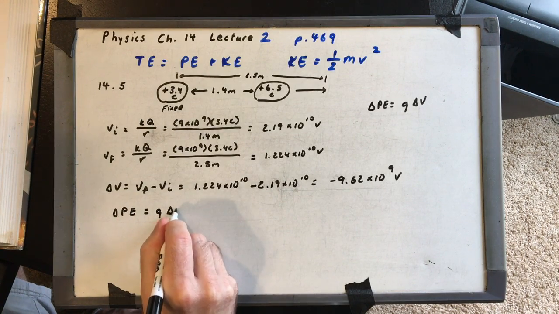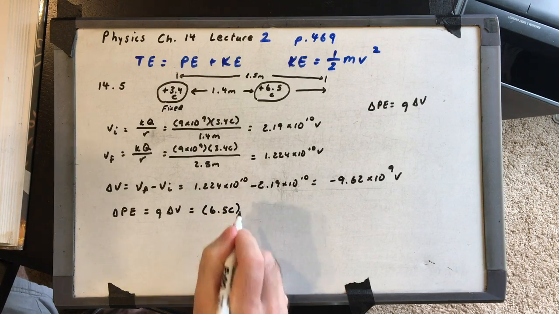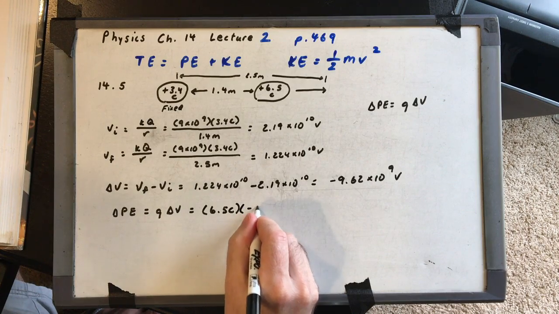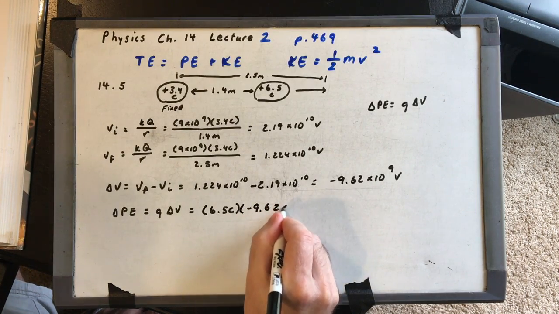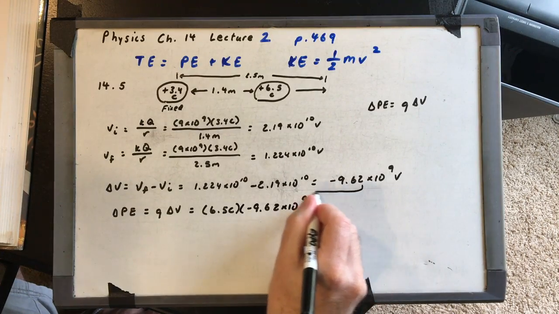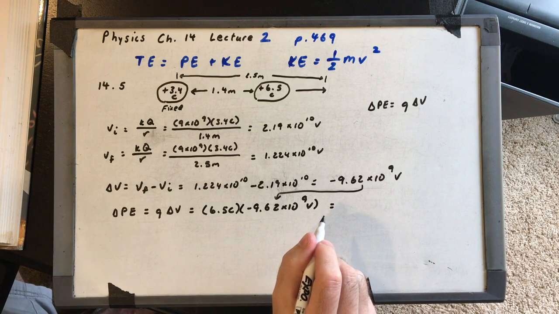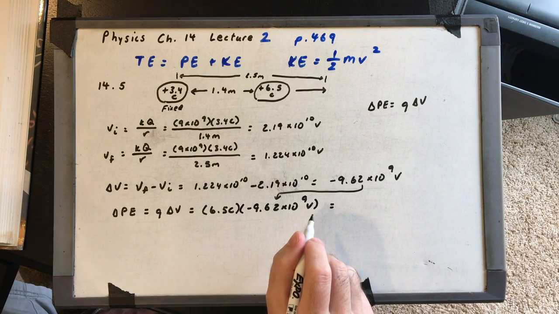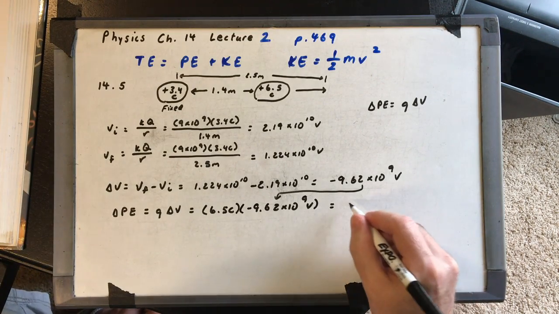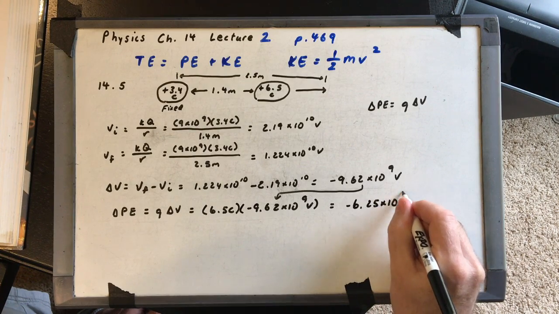Now we can get the change of potential energy. That's q delta V. Little q is 6.5 coulombs. It doesn't mean it's a little charge, it means it's the moving charge. Times negative 9.62 times 10 to the 9th volts, that's what we just calculated. Place that into your calculator and you will get negative 6.25 times 10 to the 10th joules.